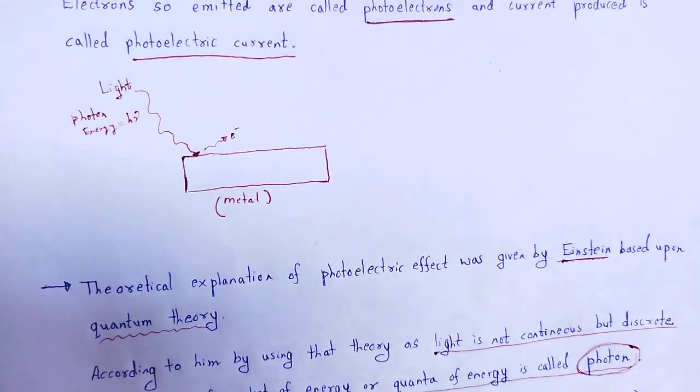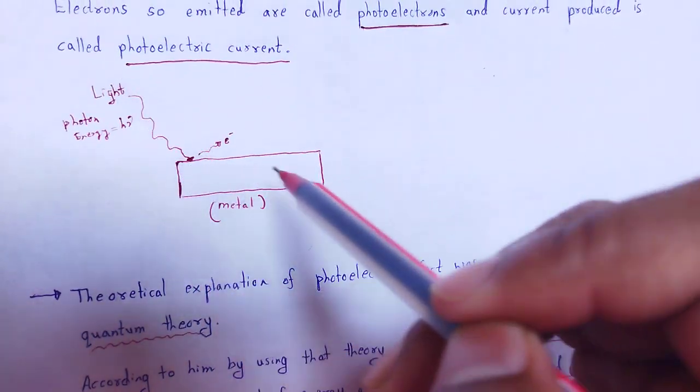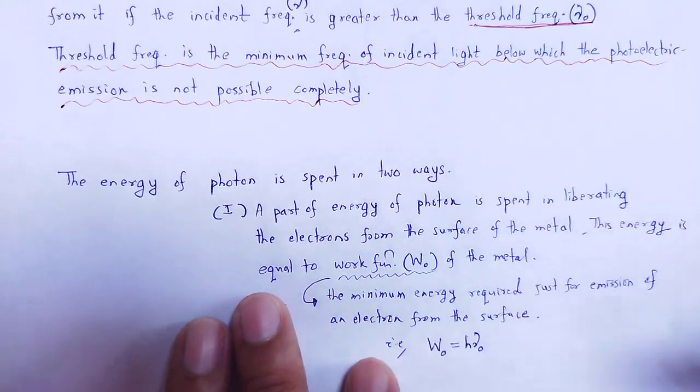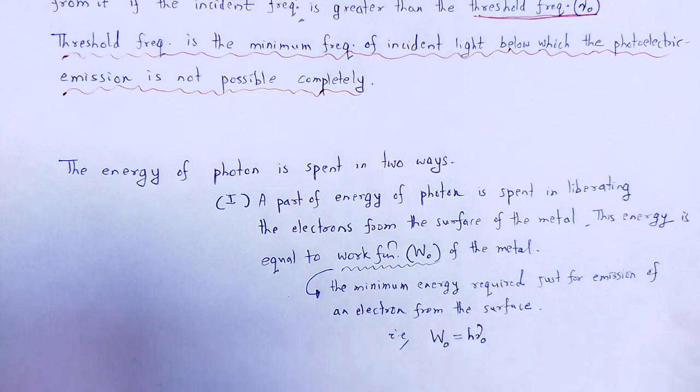Now the energy of the photon is incident on the metal surface, and this energy is used in two different ways.